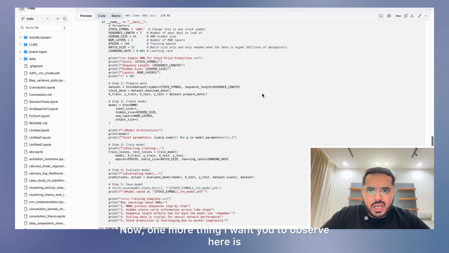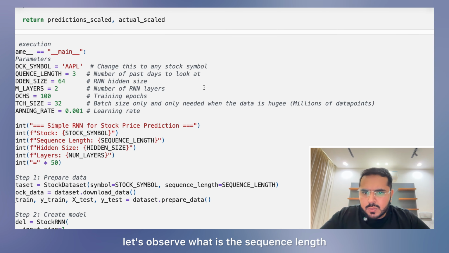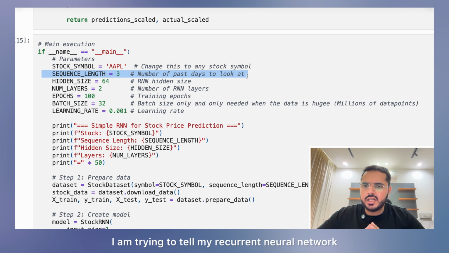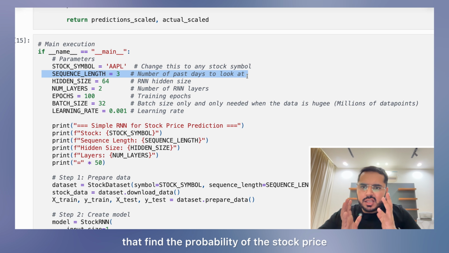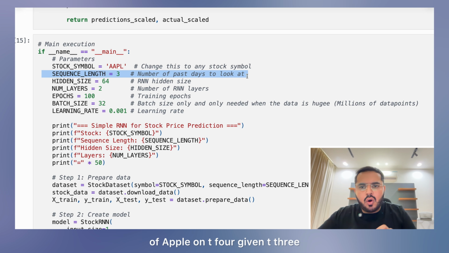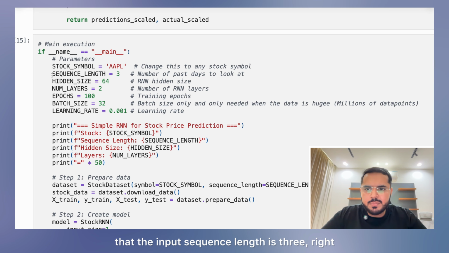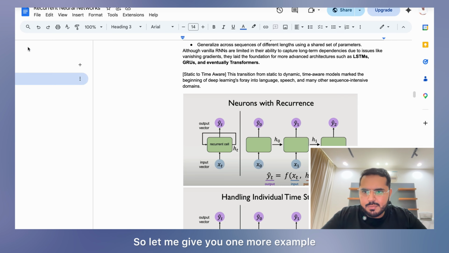Now, one more thing I want you to observe here is the sequence length, which is 3, right? What that means is I am telling my recurrent neural network to find the probability of the stock price of Apple on T4 given T3, T2, T1. That's why we call the input sequence length 3. Let me give you one more example.